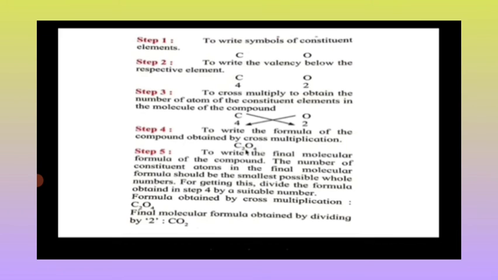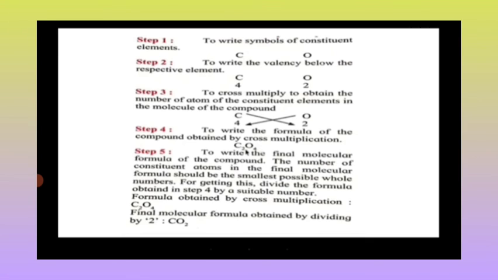Whenever we write the molecular formula, the numbers which are written along with the atoms have to be in their lowest possible form. That means they have to be numbers which cannot be reduced further. Now if we want to write the formula for CO2, we have to write the symbols of the constituent elements.